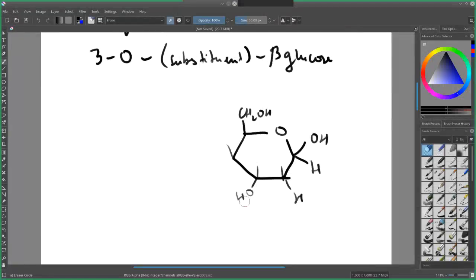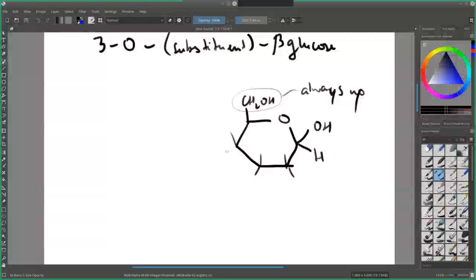So the way that I usually remember is that the CH2OH is always going to stick up. And then from there, you just go in opposites.